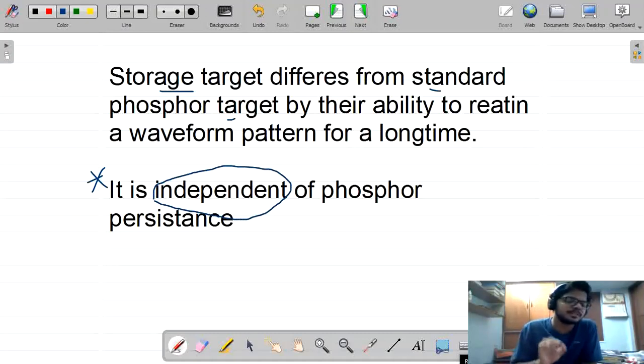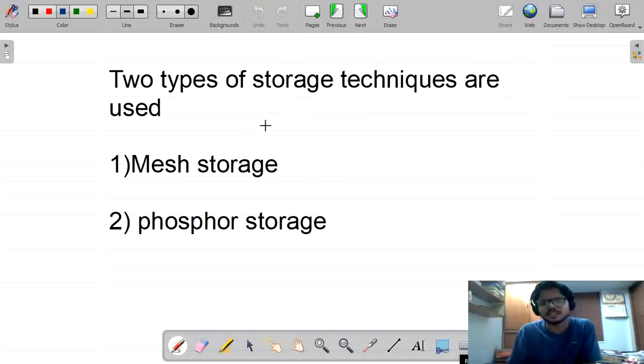By the way, persistence is a term used to indicate how much time our signal will stay on the CRO once the switch is off. Even when the switch is off, the duration for which our signal stays on the screen of the CRO is called persistence.